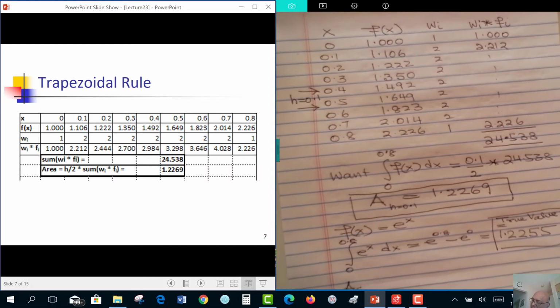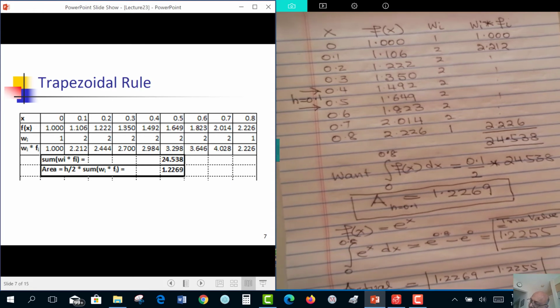So the actual error, or true error, we made is 1.2269 minus 1.2255, which is 0.0014. Okay.